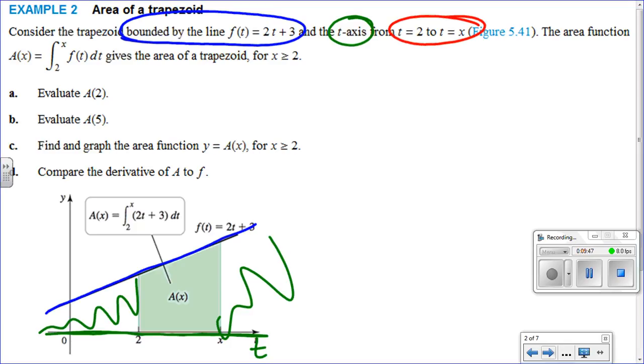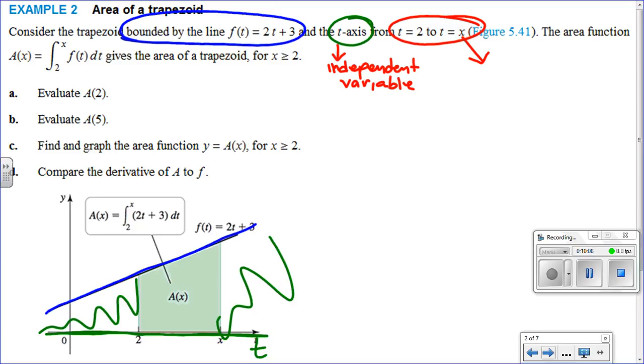Now here, t is the independent variable, okay? And then x is like an extra variable just so that we could change the limits, to go from 2 to 2, from 2 to 3, from 2 to 4, from 2 to 5. All right? Is that clear? Yes?